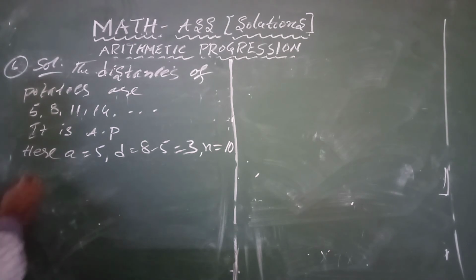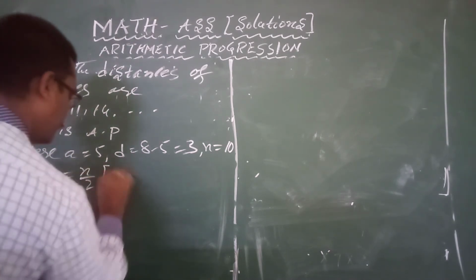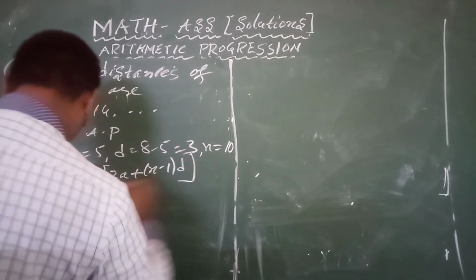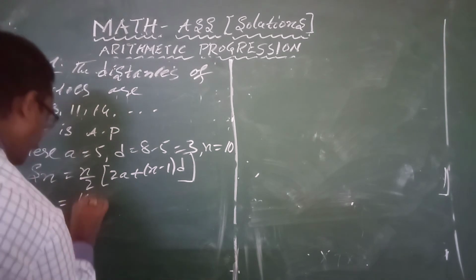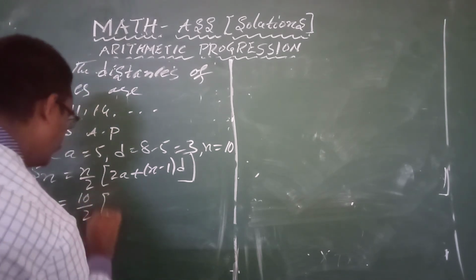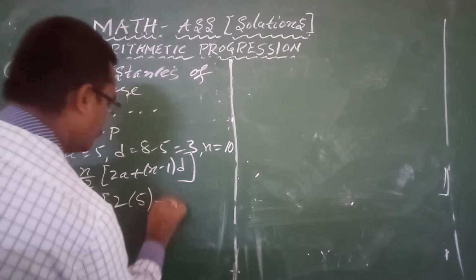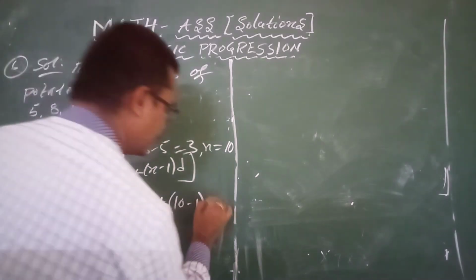Now you can use the Sn formula. Sn is equal to n by 2 of 2a plus n minus 1 of d. Okay. Now you can substitute values. S10 is equal to n by 2 of 2a plus n minus 1 of d, a value is equal to 5, common difference is equal to 3.